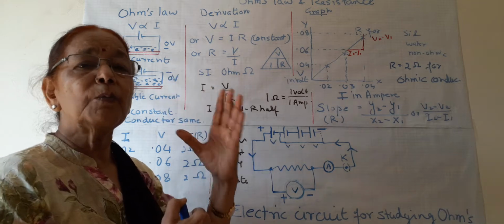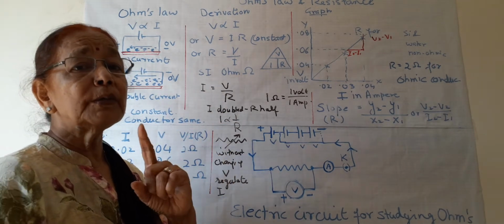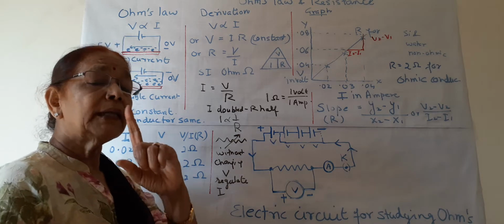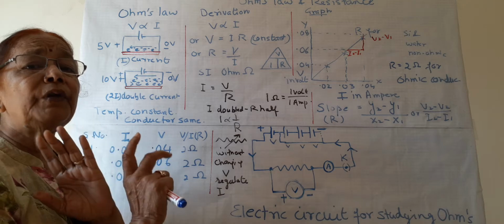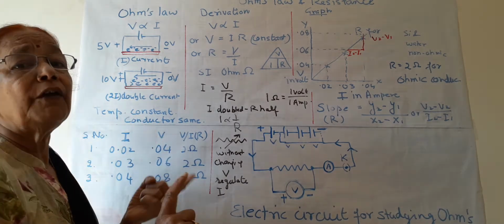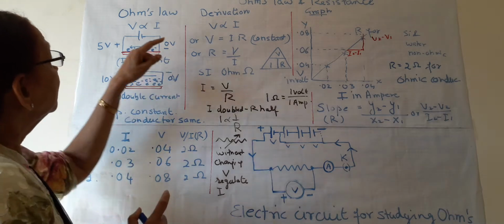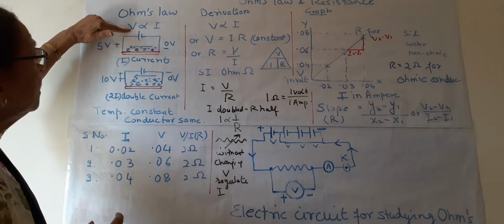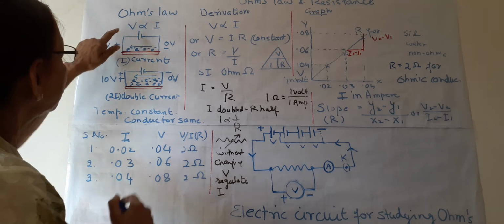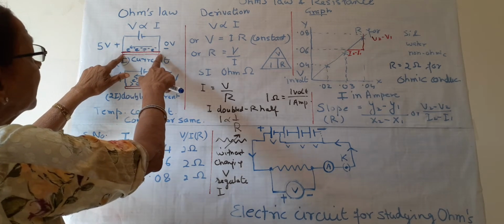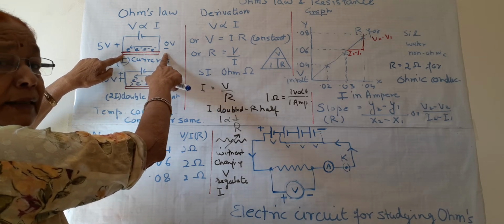So what is that? Ohm's law is given. The definition of Ohm's law, listen carefully. What is the definition of Ohm's law? And you will never forget this if you remember it like this. The potential difference, look here, the potential difference across a conductor. This is a metallic wire, so this is known as a conductor.